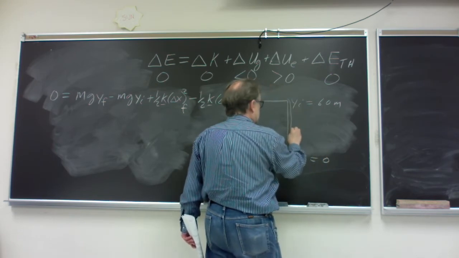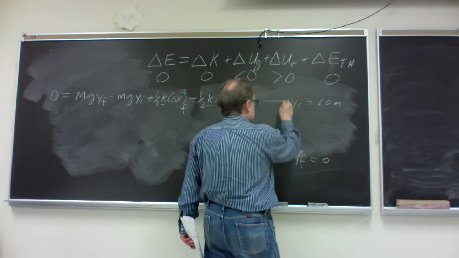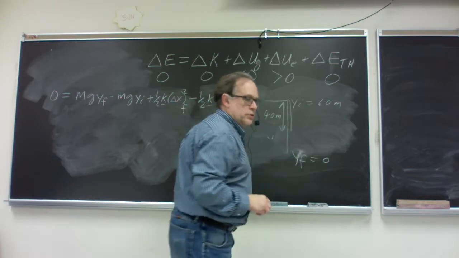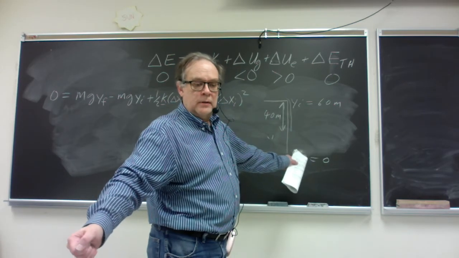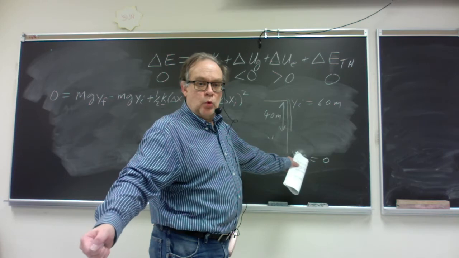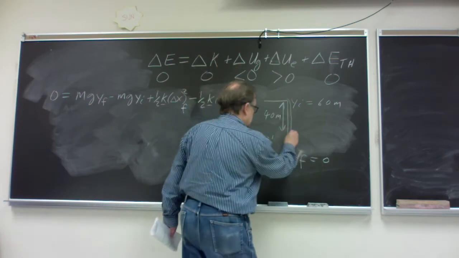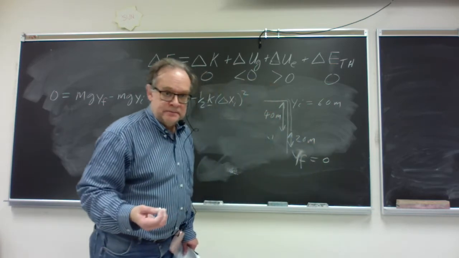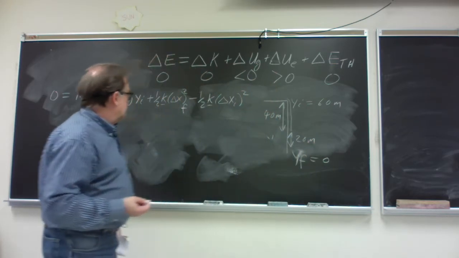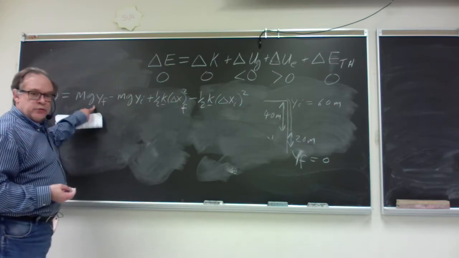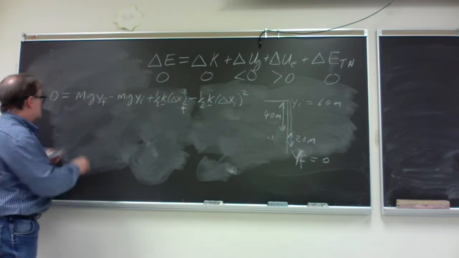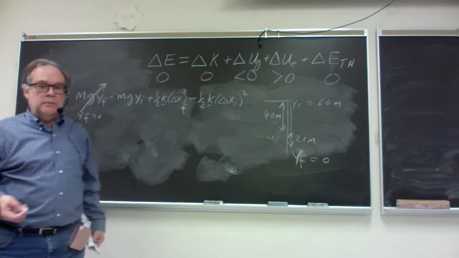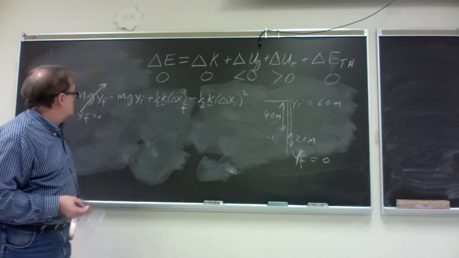And then 40 meters just to stretch it, just to lay out the rope before it starts stretching. And then 20 meters of stretching. So the final elevation is 0. So that whole term there, the final gravitational potential energy is 0.